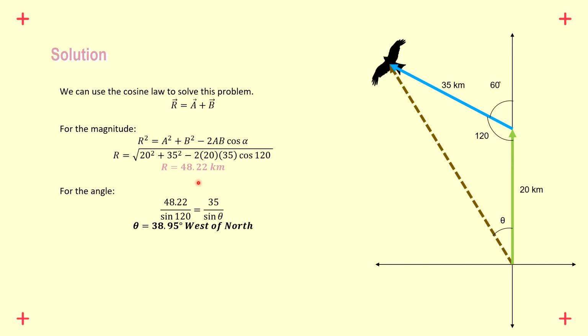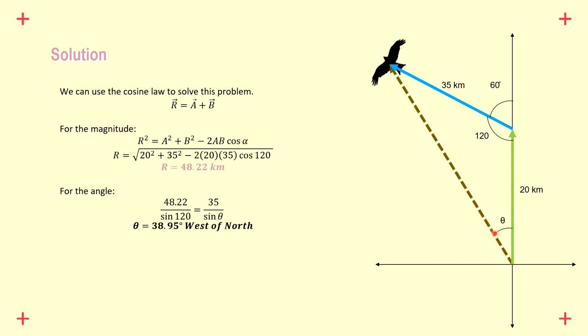But since this is a vector, we need not only the magnitude but also the direction. For the angle, we can easily obtain that using the sine law. So 120 can be paired with resultant r, then 35 can be paired with the angle theta. We can use any angle here, either the angle measured from the y-axis or the angle measured from the x-axis, as long as you specify from which axis you are measuring.